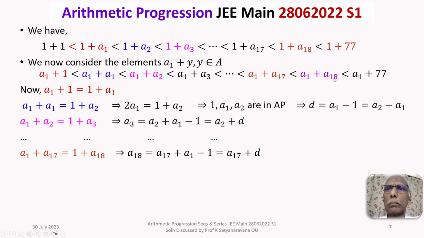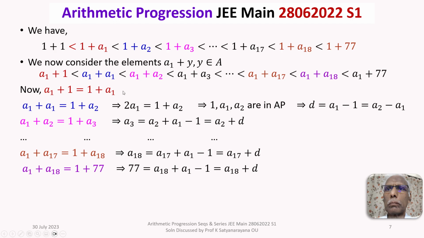Next, A1 plus A18 is 1 plus 77. This means 77 is equal to A18 plus A1 minus 1. That means to A18 add D, then you will get the 20th term, that is 77.